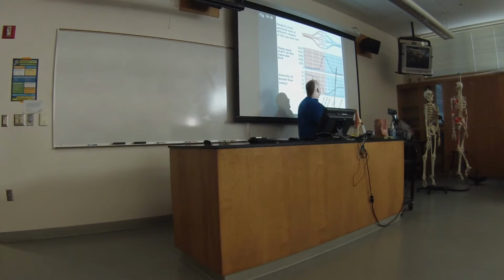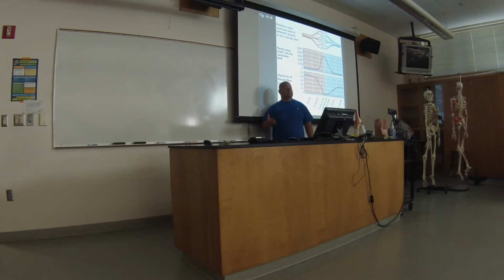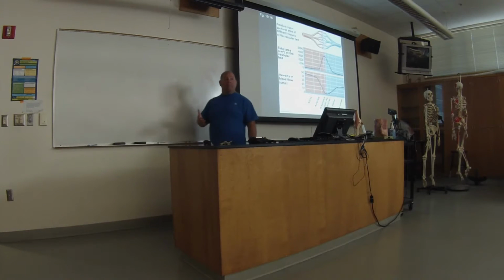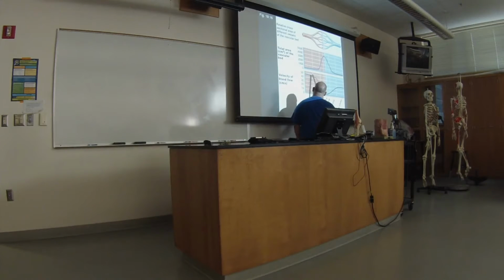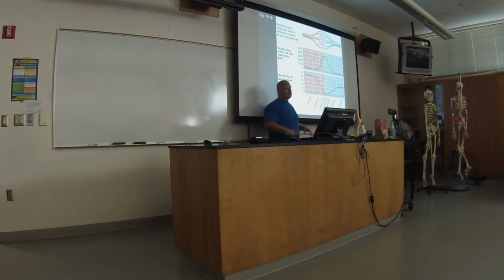Why is velocity going down? A lot more places for the blood to go. So it moves slower. The flow is exactly the same. Okay? Now, what do you imagine is the purpose of this velocity decreasing down dramatically there?